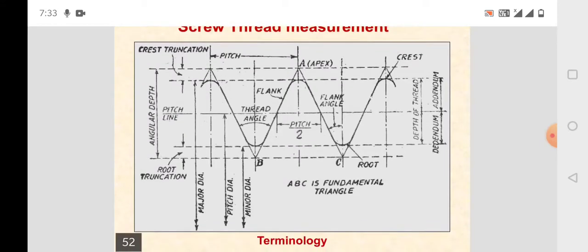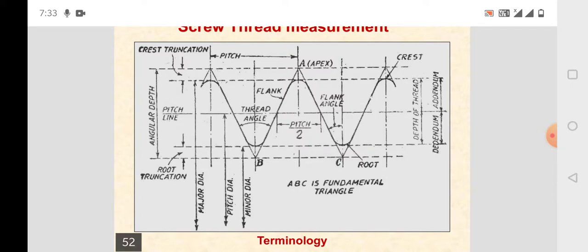The major diameter is from crest to crest. The minor diameter is from root to root, and the effective diameter, that is the pitch diameter, it is known as.